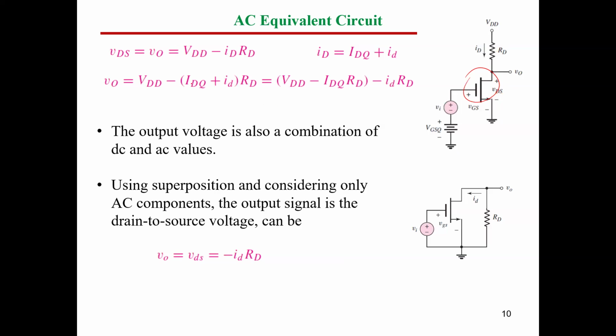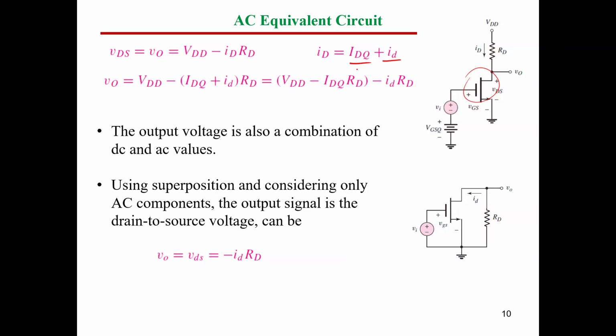So we can say now VDS equals V out equals VDD minus IDRD. This is from the circuit. And you know that ID has two components, IDQ, which is the DC component, and ID, which is the AC component.